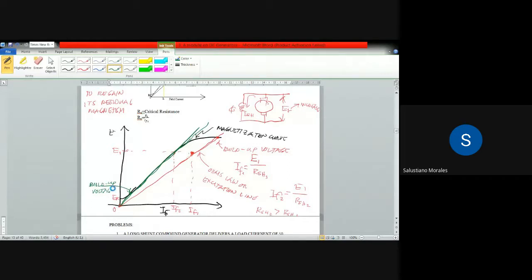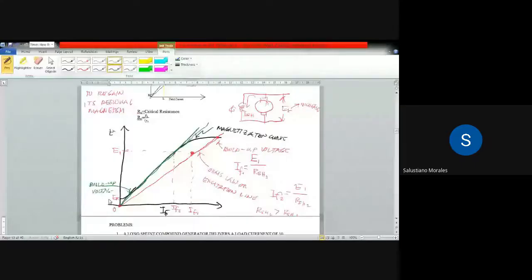So this is not considered as an output. There's a tendency that the curve should go here, okay? The Ohm's law line or the excitation line, and the intersection between this line and the magnetization curve is this one. So it will not build up.